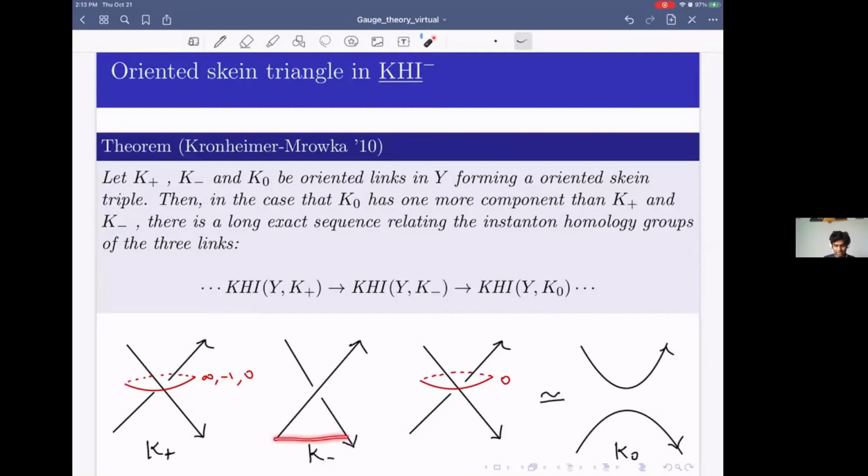So this group is exactly what it should be. But when you do 0 surgery, you don't really get the knot complement for K0. So what they do is a product annulus decomposition.